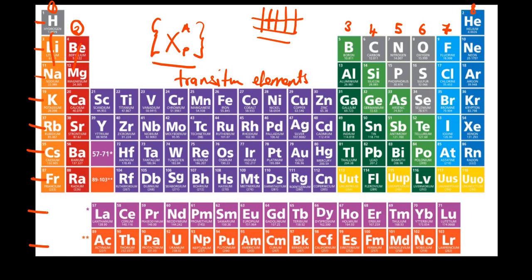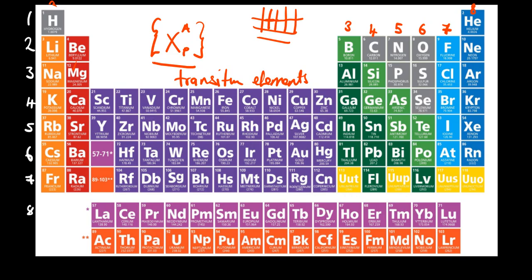Yes. So if we count the periods on the periodic table, we have period 1, period 2, period 3, period 4, period 5, period 6, period 7, period 8, period 9.